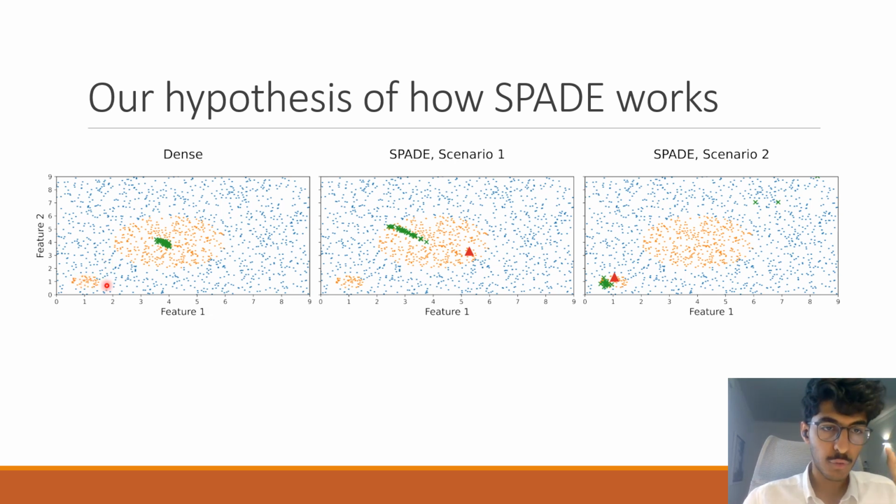So this network is clearly a polysemantic network because it works on two different areas. However, when we apply SPADE and prune the network using a sample from the smaller circle, all of the feature visualizations are from the smaller circle, which shows that the network is getting focused on the smaller circle.